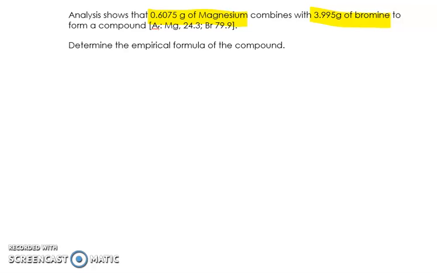I always find it best to lay out empirical formula calculations in a very specific way, and I'm going to show you the way that I'd lay out an empirical formula calculation as we go through this. So firstly, I would create two columns, and I'd write at the top of these columns the atoms which each one is going to be concerned with, and I'd follow that by writing down the mass that I'm going to use of each element, and these are given in the question.